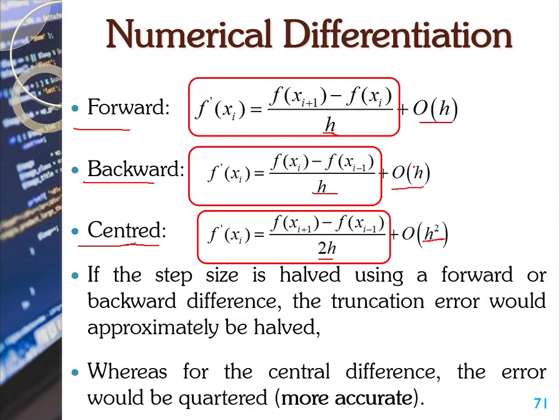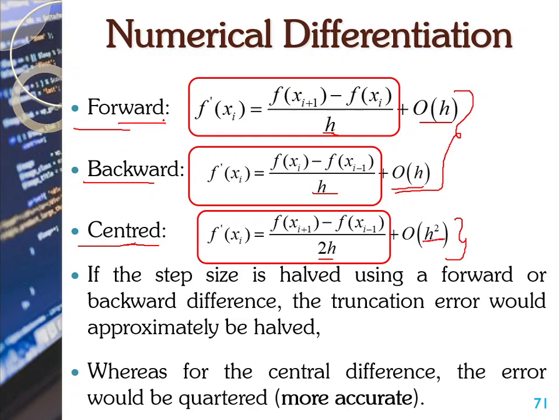And remember, all these have their meanings. So in the case of the forward, once I halve the step size, I'm also reducing the error by half. But in the case of the centered, as I halve the step size, I'm reducing the error by about 4 times. Okay, so let's see what is going into the forward approximation, that is the forward finite difference.